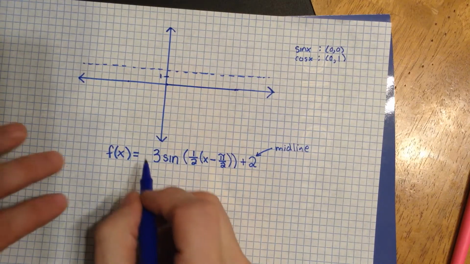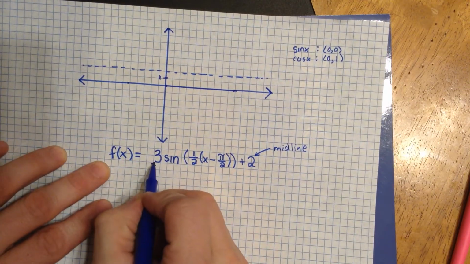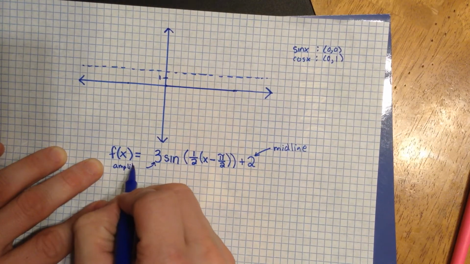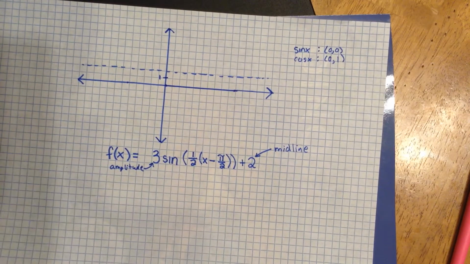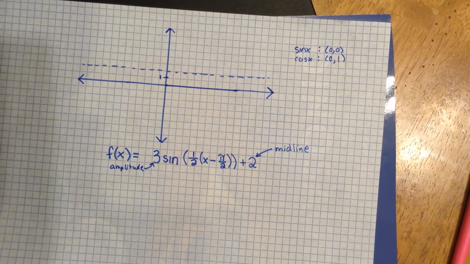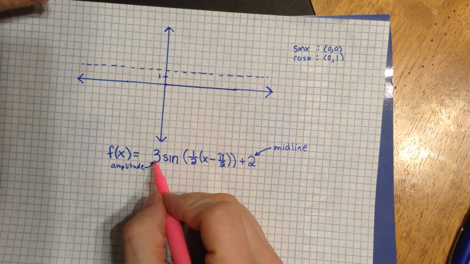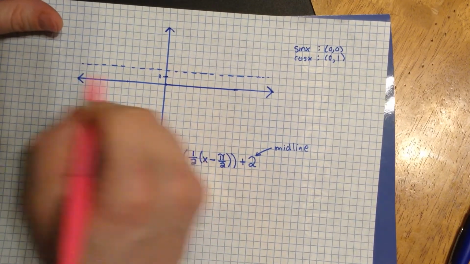One of the next easiest things to identify would be the amplitude. That is going to be your vertical stretch factor. It's the absolute value, so if it's -3, the amplitude's still 3. So the amplitude is 3. What that means is that our graph is going to be 3 units at maximum away from the middle line.